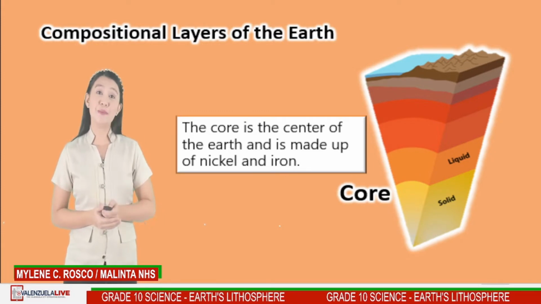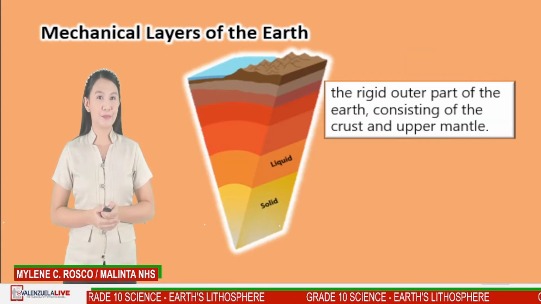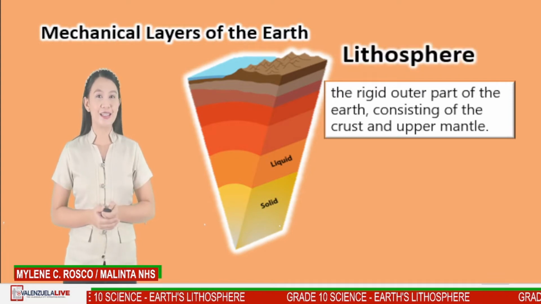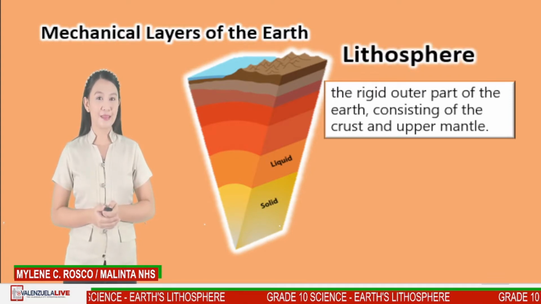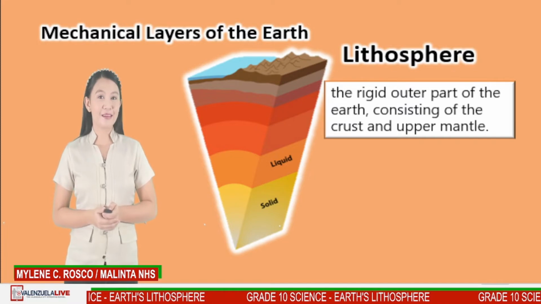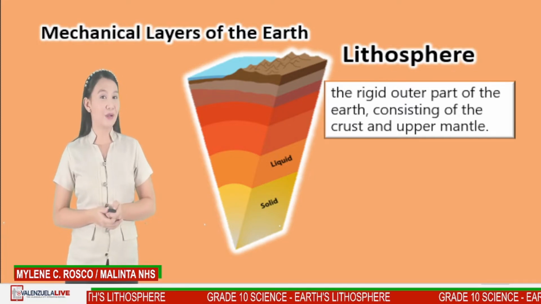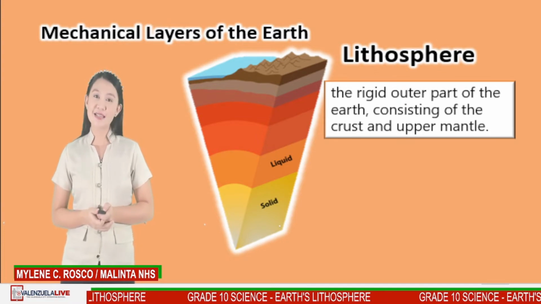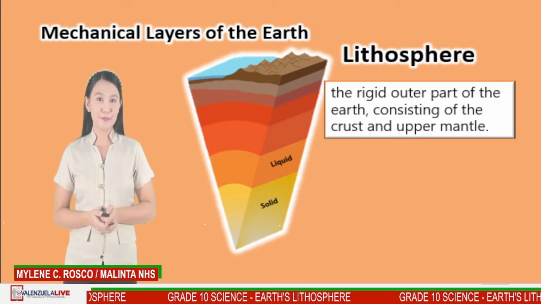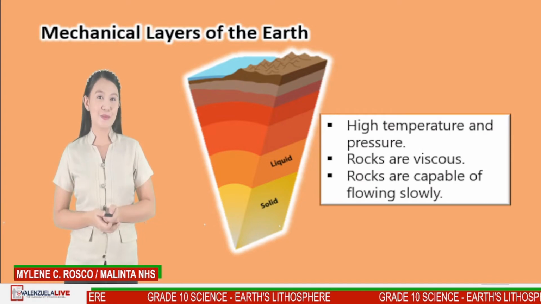Now let's go with the mechanical layers of the Earth. Let's start with the Earth's lithosphere. The Earth's lithosphere is the rigid outer part of the Earth consisting of the crust and the mantle. Next is the asthenosphere.